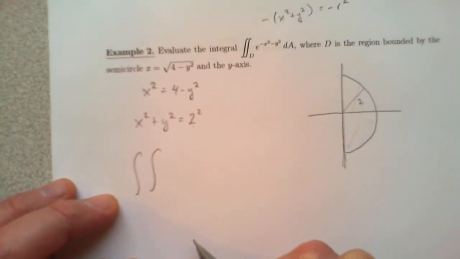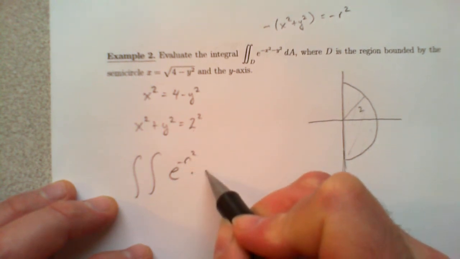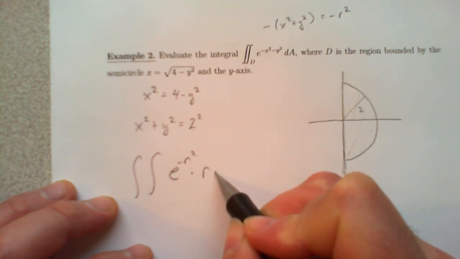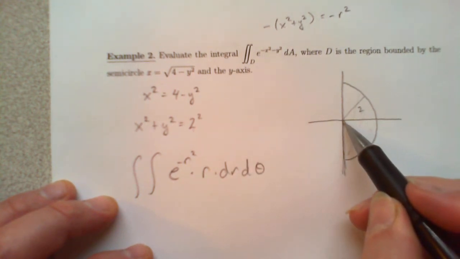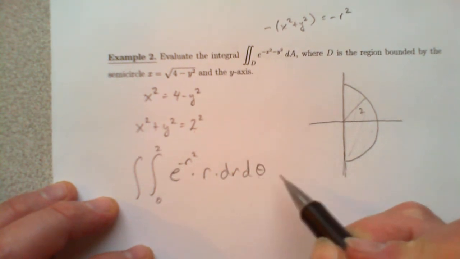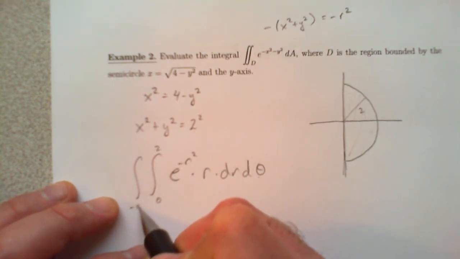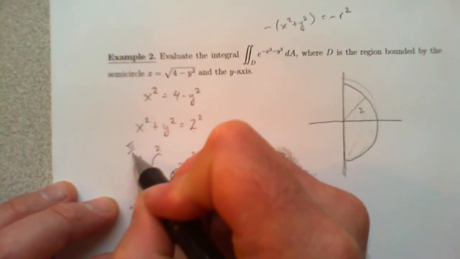So we have the integral of e to the negative r squared, but the differential is multiplied by r, times dr d theta. R goes from 0 out to 2. Theta goes from minus pi over 2 all the way up to pi over 2.